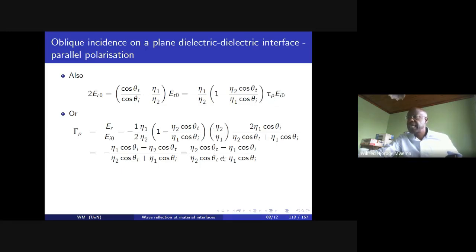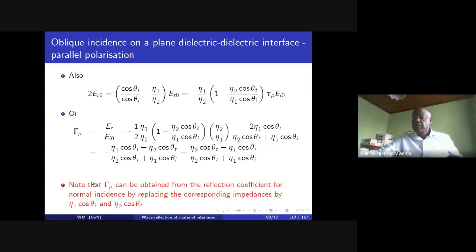And we again see that once we divide this equation by cos theta t cos theta i, we get the following equation: eta 2 cos theta t minus eta 1 cos theta i over eta 2 cos theta t plus eta 1 cos theta i. All we have done is to multiply that one by the minus sign to change it to that form.